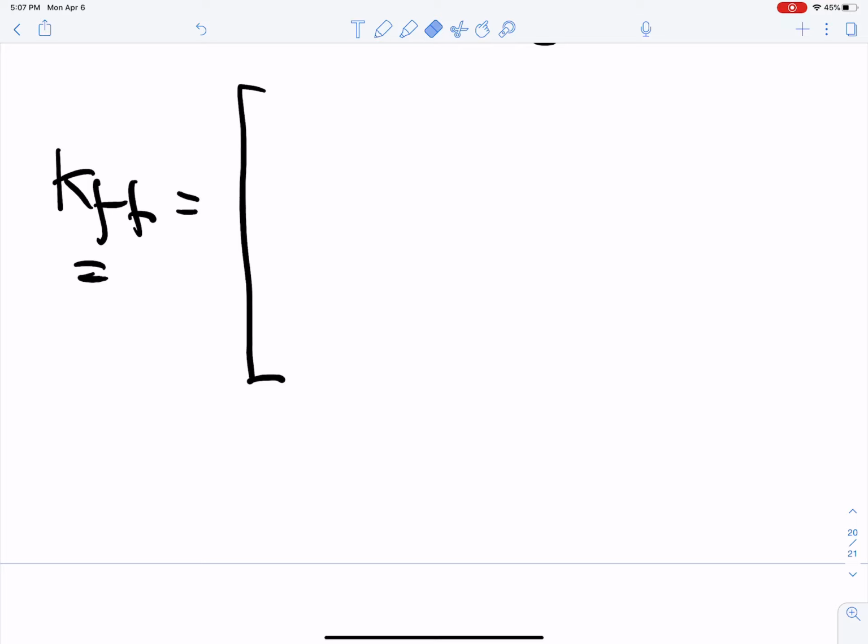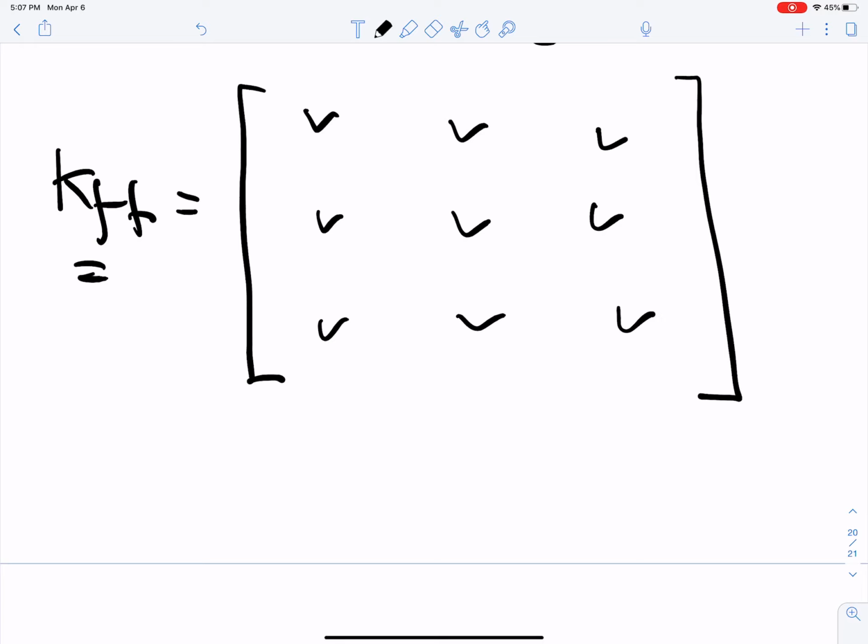And so then you find that your KFF becomes a 3 by 3 matrix, fully populated. There's probably no need for me to record the entries.